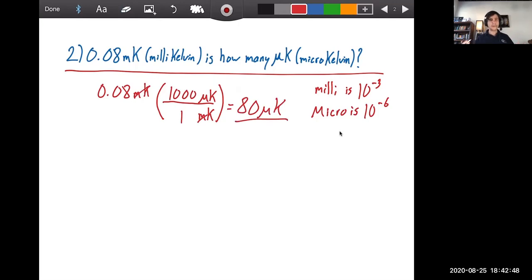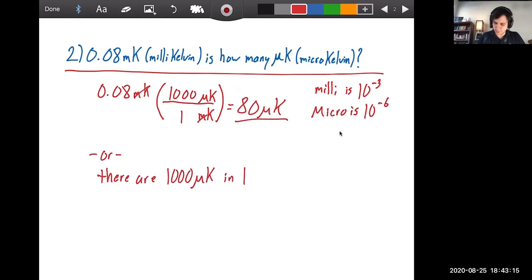All right, a little bit more difficult, but still nothing that's too hard to handle. You could also go ahead and logic this one out and write it out in words. So there are 1,000 microkelvin in 1 millikelvin.